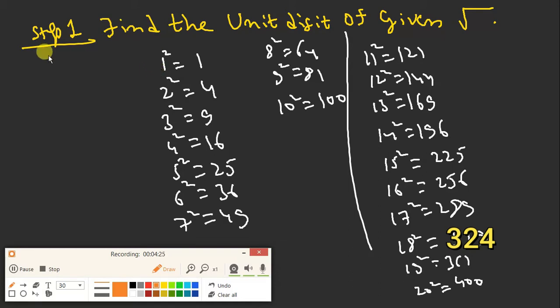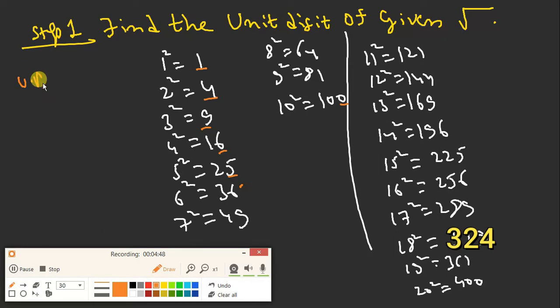Now you should notice and focus on the unit digits of these perfect squares. What are the unit digits? 1, 4, 9, 6 and 5. See, they are repeating: 6 is repeating again, then 9 is repeating, 4 is repeating, 1 is repeating, and then 0 is also there.